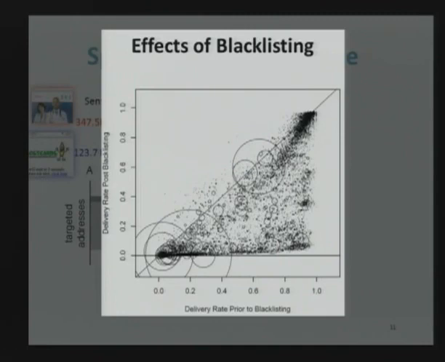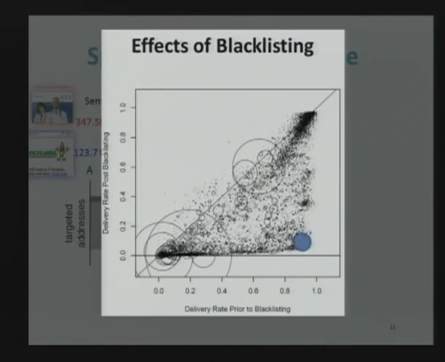And these are not dots, these are actually circles. The circle radius indicates how many addresses were targeted at a given domain. So this is where the larger circles are going to be free email providers, your Yahoo mails, your AOL mails, etc., things like this.